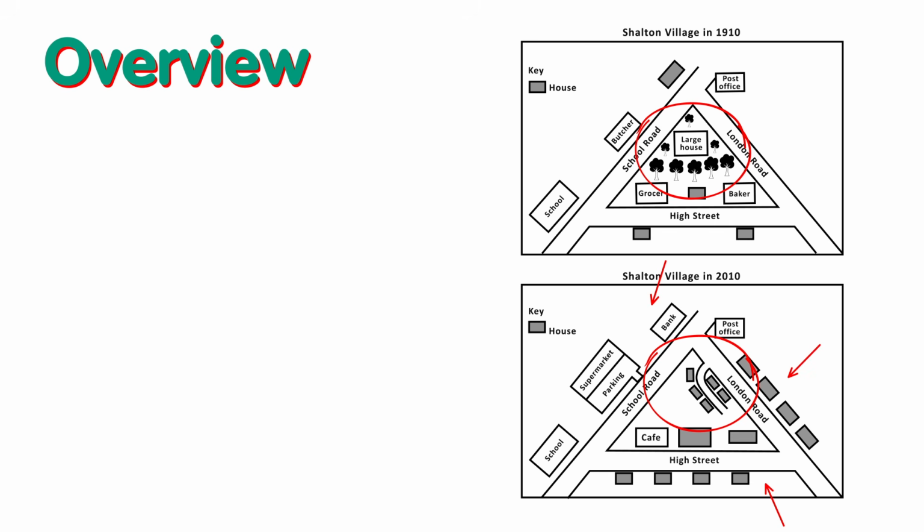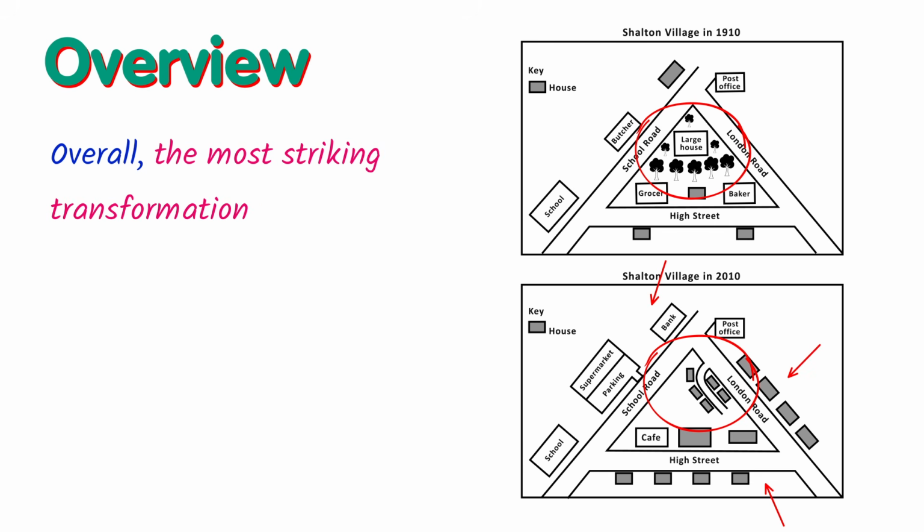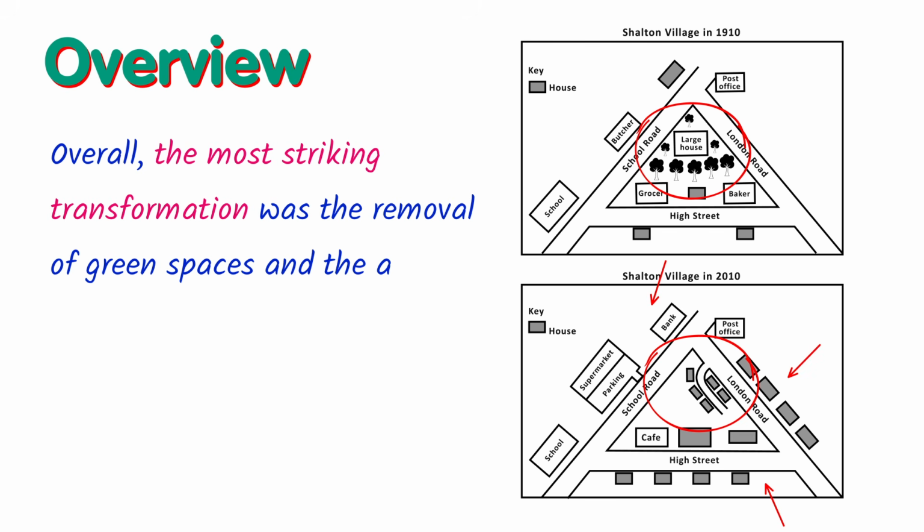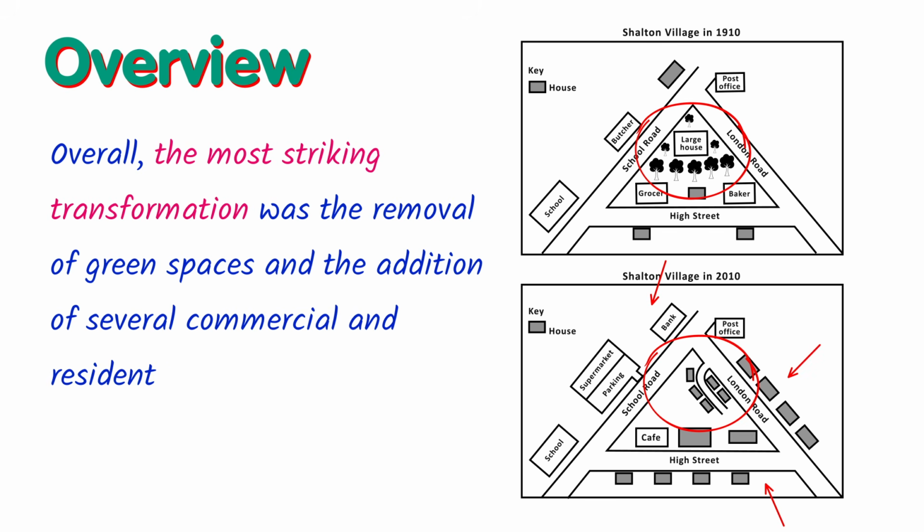In writing our overview paragraph, we can start our paragraph with the word overall, comma. Overall, the most striking transformation was the removal of green spaces and the addition of several commercial and residential areas.